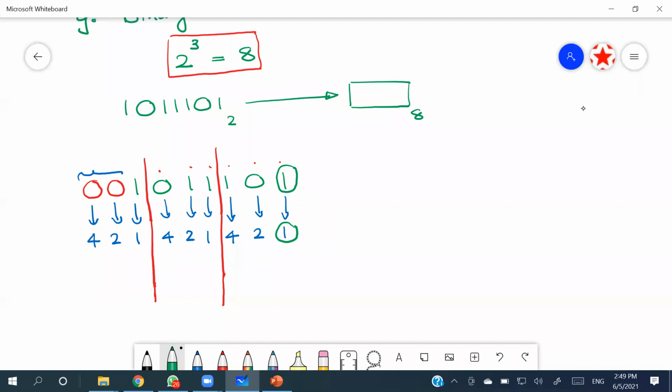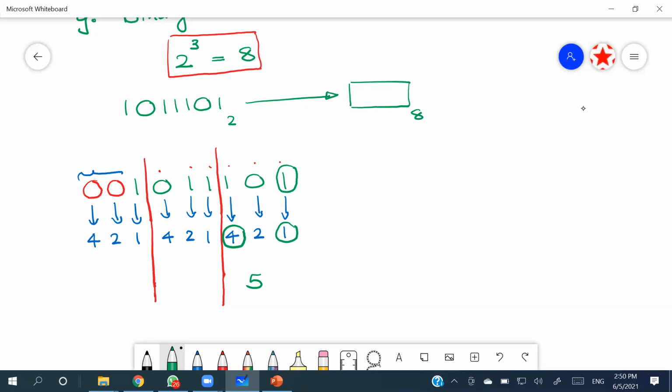Since it is a binary value, what we have to do is we have to add the place values which have 1 over them. You don't need to consider the ones with 0 on top. So the value of this group is 5, because there is a 0 at the top of 2. So 2 into 0 is 0.